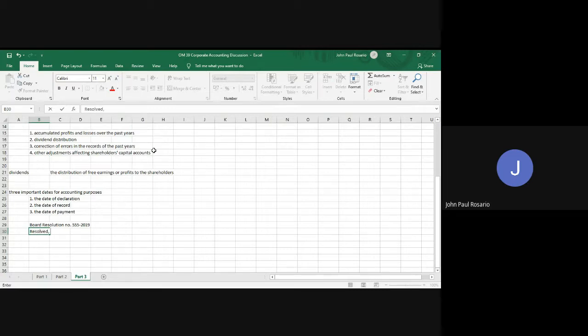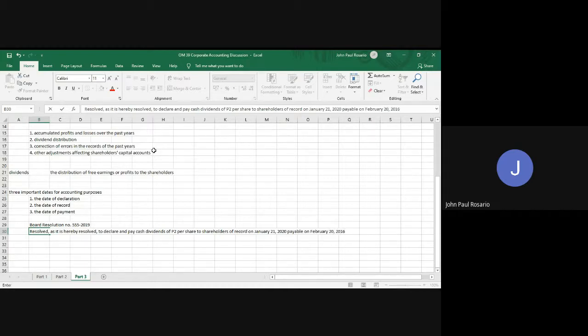Resolved, as it is hereby resolved, to declare and pay cash dividends of 2 pesos per share to shareholders of record on January 21, 2020, payable on February 20, 2016. Okay.